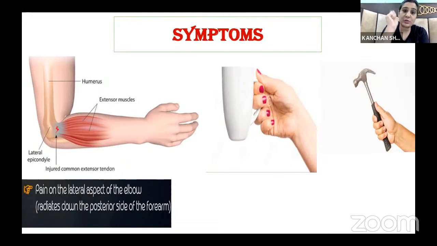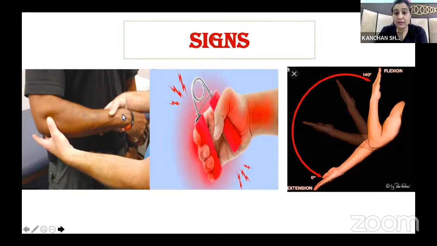Whatever activity he is doing like this is going to be painful. Throwing activity is painful. If you press over the lateral epicondyle, it is going to be very painful. If you check the grip, this is again painful.